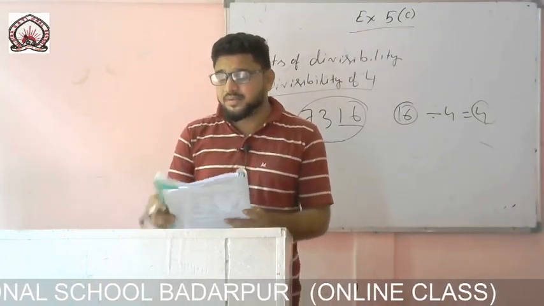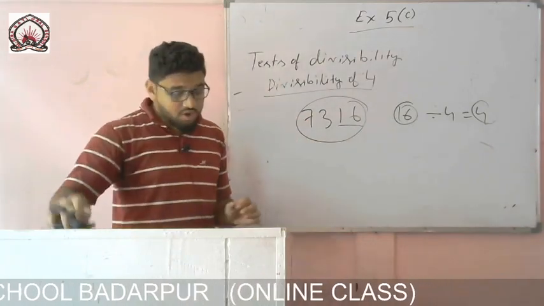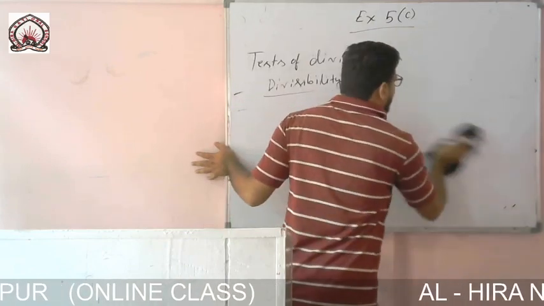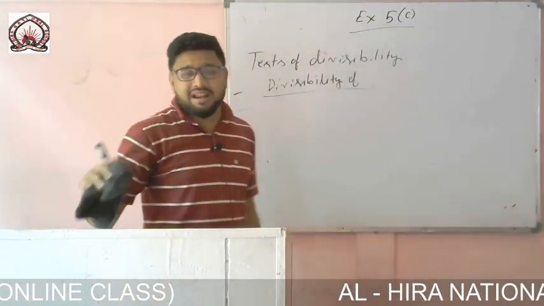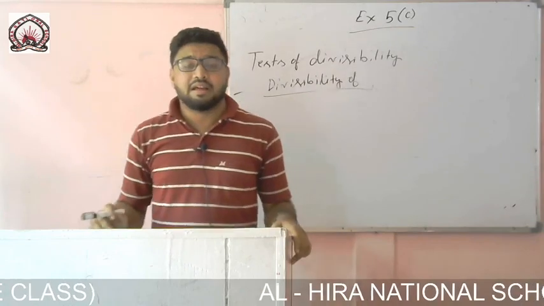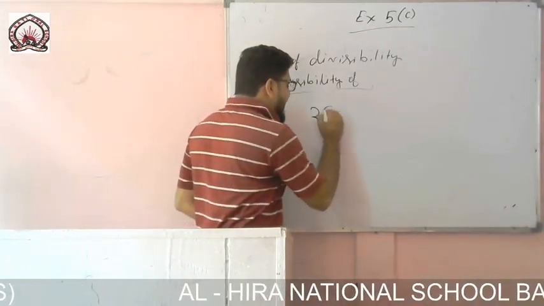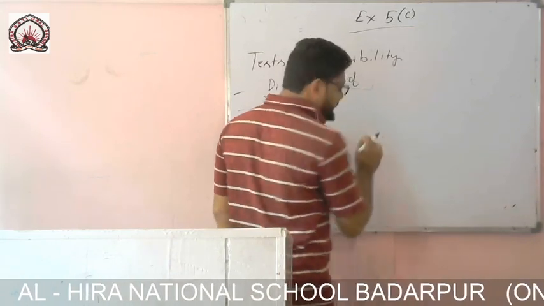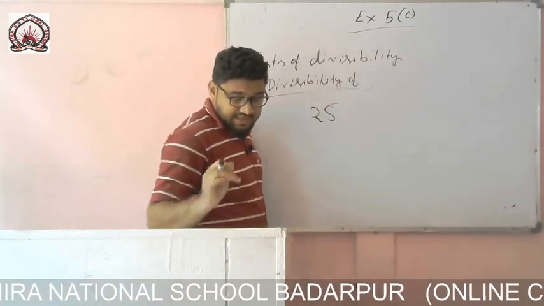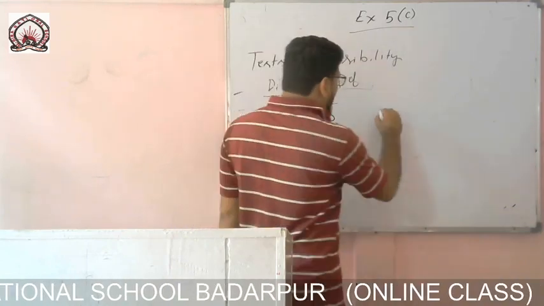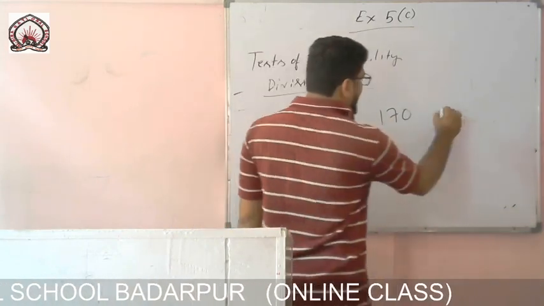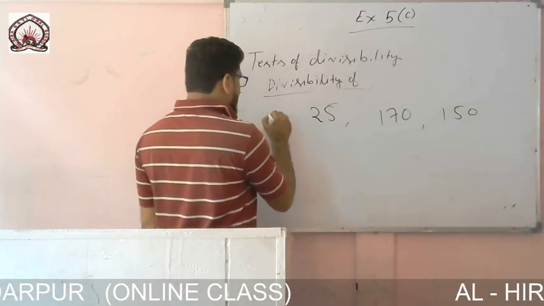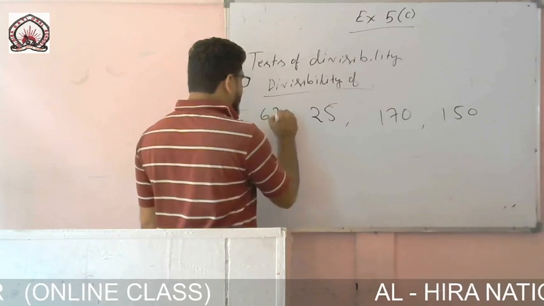Now come to divisibility of 5. Divisibility of 5 is very easy. Suppose you see a number like 25, 170, 150, then 625.